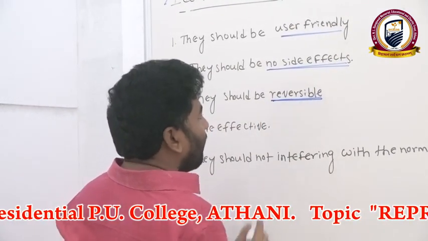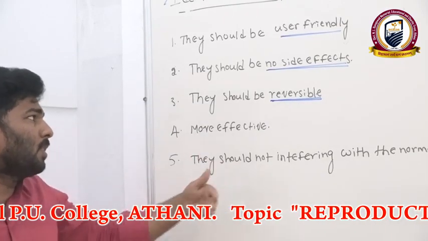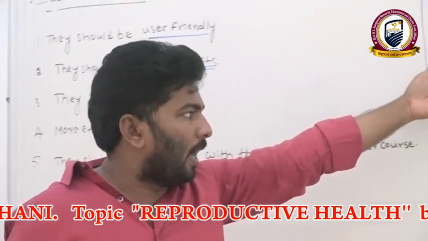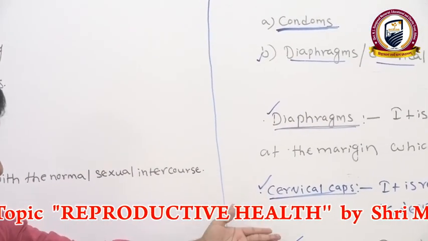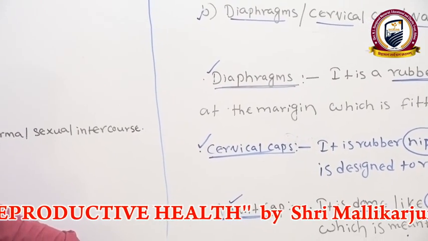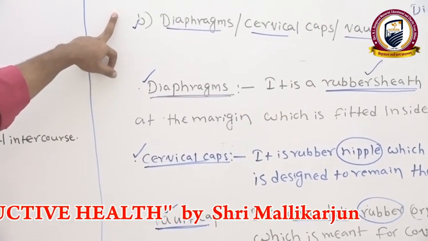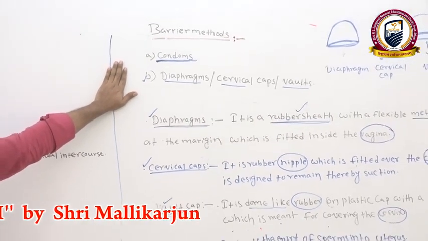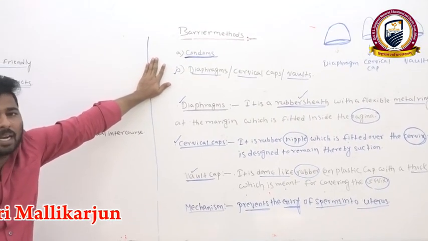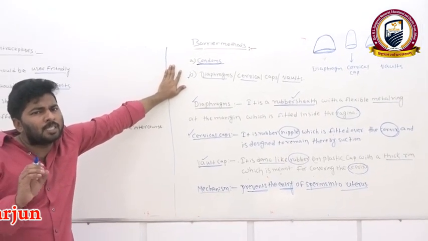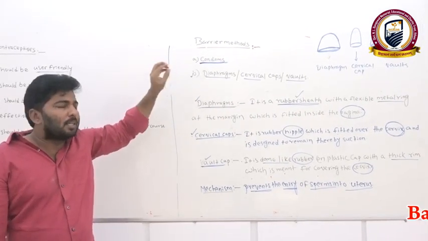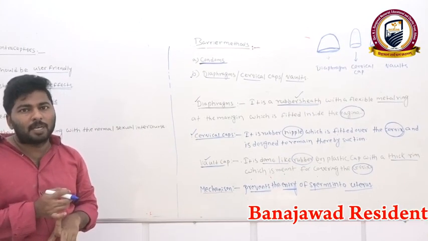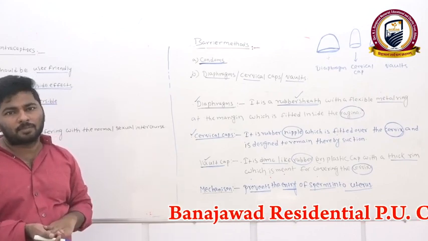Reversible means we can use them one more time. For example, diaphragms, cervical caps and Volt caps can be reused. But in the condom category, we cannot say exactly 100% that they are ideal contraceptives; 90% we can consider condoms as ideal, because they also work effectively against sexually transmitted diseases and have no side effects.